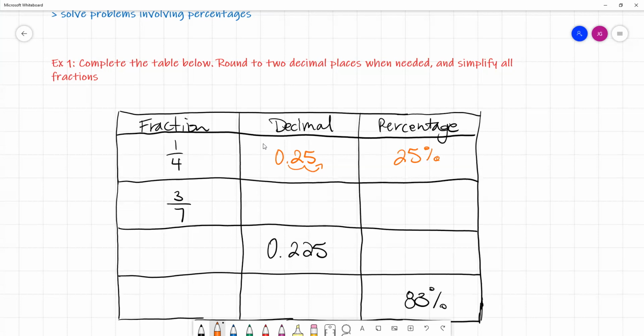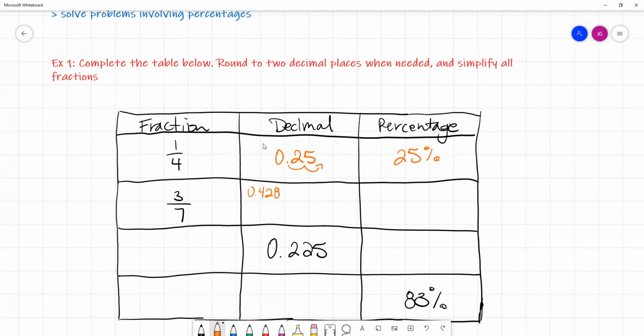Once we move the decimal place to the right two spots, we just attach the percentage symbol at the end. Now for the fraction 3/7, that one is definitely a decimal that we do not know. So what we can do is put that in our calculator. Just do 3 divided by 7. That gives us 0.428. I'm going to write this here in the corner because we're rounding to two decimal places.